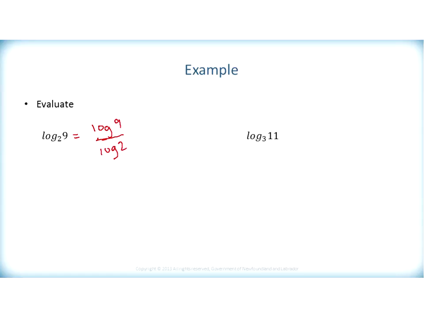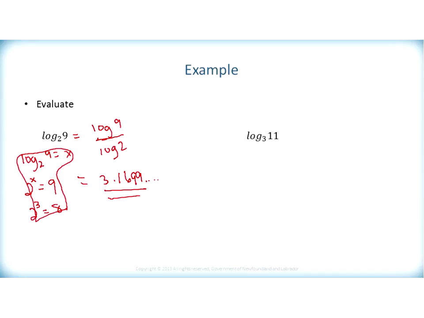And that will give us 3.1699 and so on. Which makes sense, since if log of 9 base 2 equals x, 2 to the x would equal 9. I know that 2 to the 3 would equal 8, so our answer must be a little bit more than 3. So you can use this method as a way to estimate and check the reasonableness of our answer.